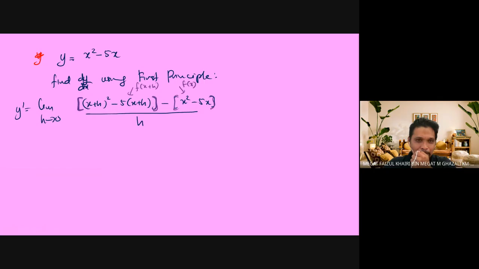Without the brackets, you can easily make a silly mistake when expanding: minus 5 with x, minus 5 with h, and the negative with this and this. So I strongly suggest putting a bracket between these two so we can see clearly this is f of x plus h and this is f of x. The rest is all correct.